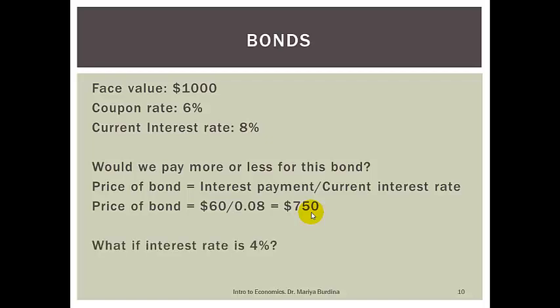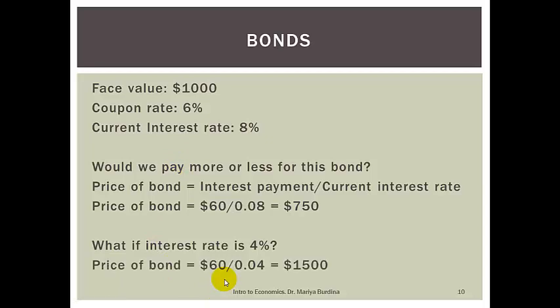What if the interest rate is 4%? It means that if a buyer puts their money in a bank, they're going to make 4%. If they purchase your bond, they're going to make 6%. Now your bond is a more attractive option for those buyers than putting the money in the bank. So they will be willing to offer you more than $1,000 in order to receive your bond.